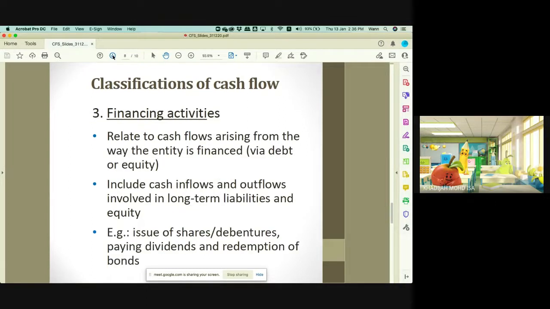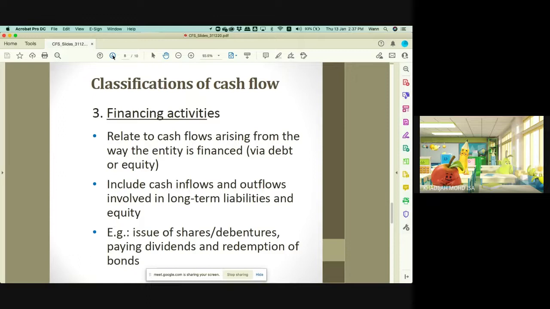And then the third classification is the financing activities. So any transaction related to cash flow arising from the way the entity is financed. Remember that financing means how the business is being financed. So you're looking at the liability and the equity, whether it's financed by debt or equity. Here we're looking at debt, not the trade debts, but your bonds or debentures.